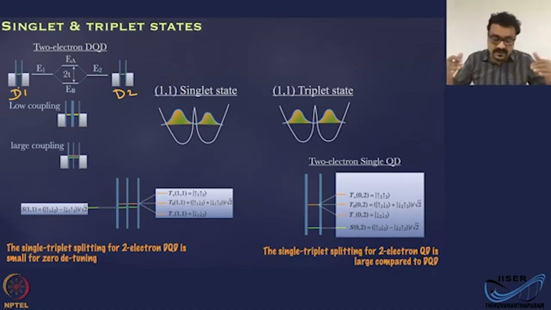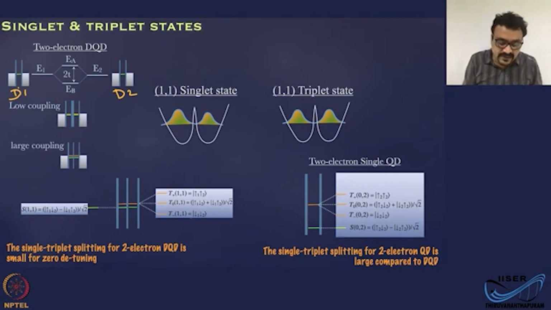When they are not coupled, we know that they are far apart, and E1 and E2 are the same. When you bring them closer, because of tunnel coupling, you get an anti-crossing of these two levels, or you will get two separate energy levels, EA and EB.